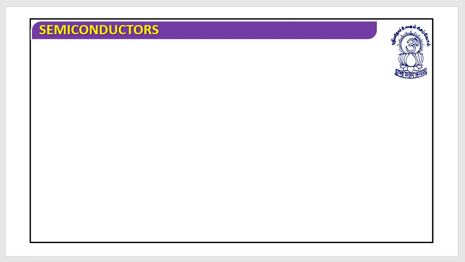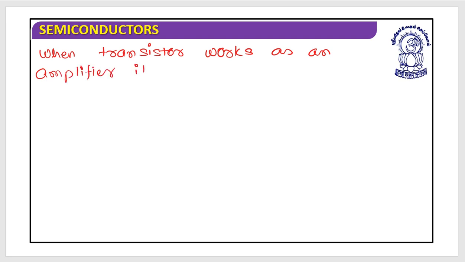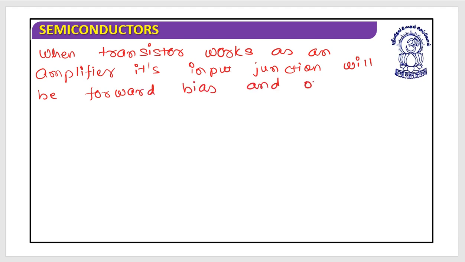So now let's discuss that when the transistor works as an amplifier, its input junction will be forward biased and its output junction will be reverse biased.